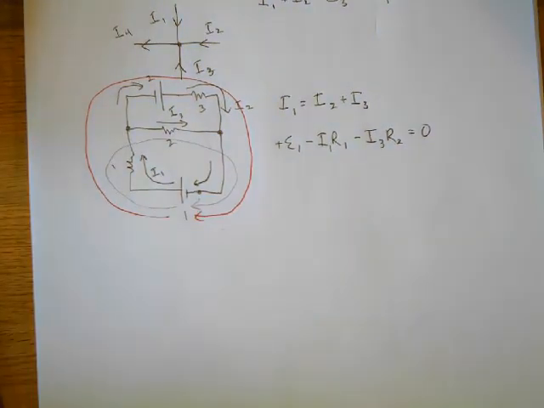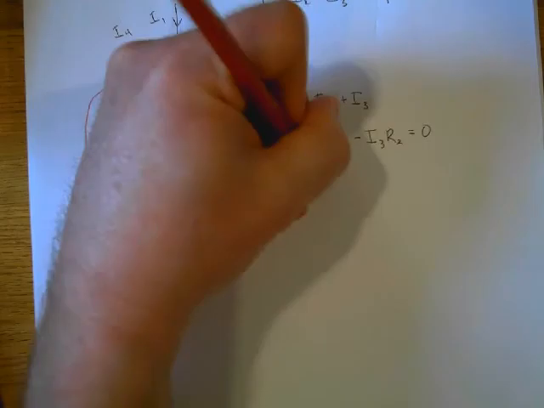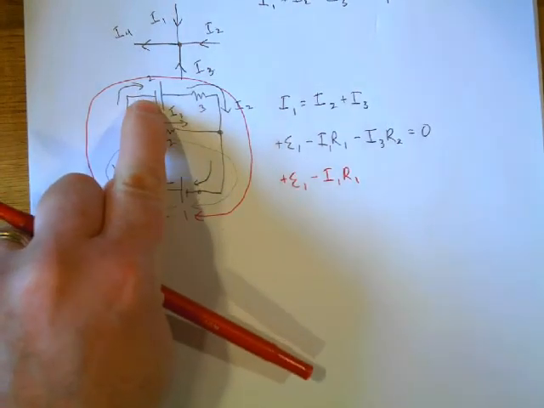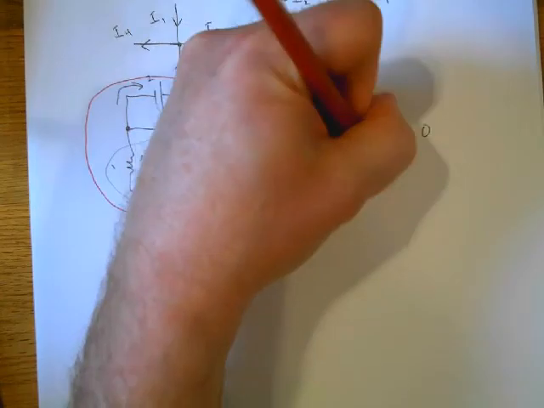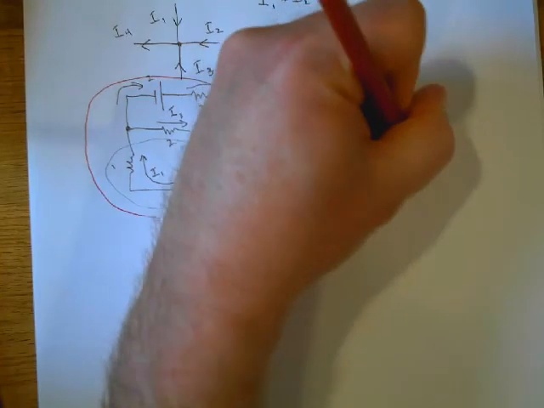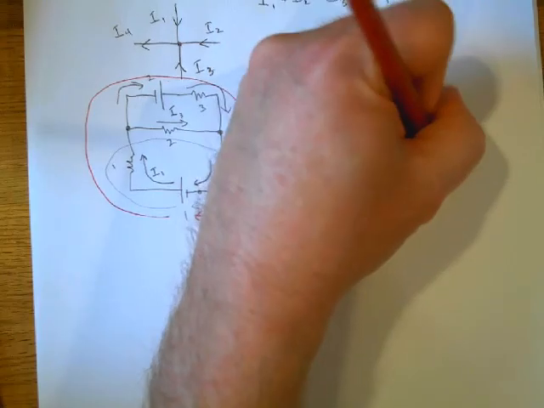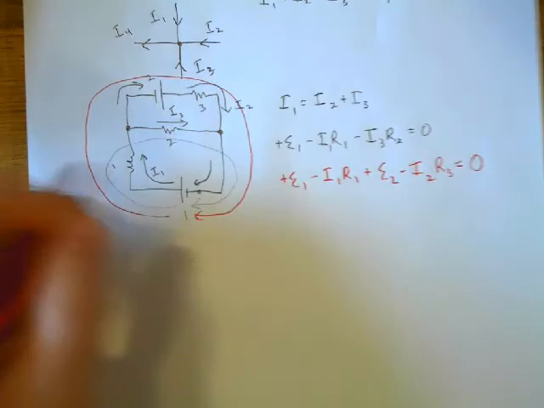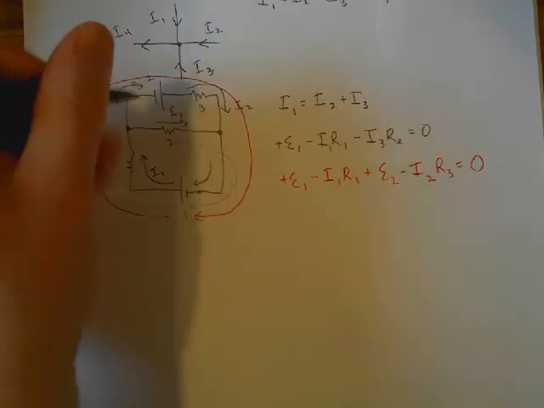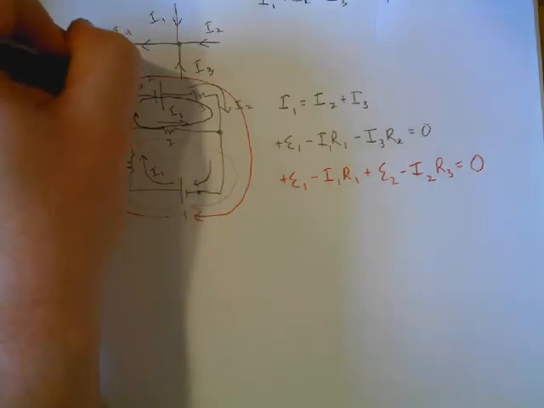If I was going to start here and go all the way around, for that loop rule I encounter this first, this next, this next, which would be plus E2, and then I encounter this next, which would be minus E1, minus I2 R3 equals 0, and I get back to my starting point.